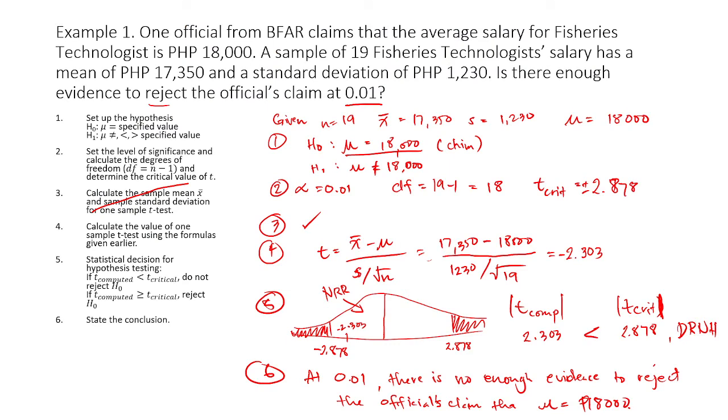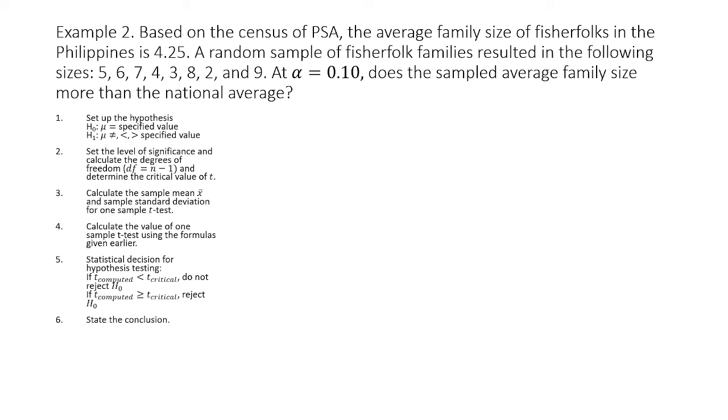Right? So, for this other example, ayan, medyo pahirapan natin kaunti. Hindi ko binigay yung value ng mean at standard deviation dito. But for the given, meron na tayong mu which is actually 4.25. And for this problem, based on census of PSA or Philippine Statistics Authority, the average family size of fisher folks in the Philippines is 4.25.